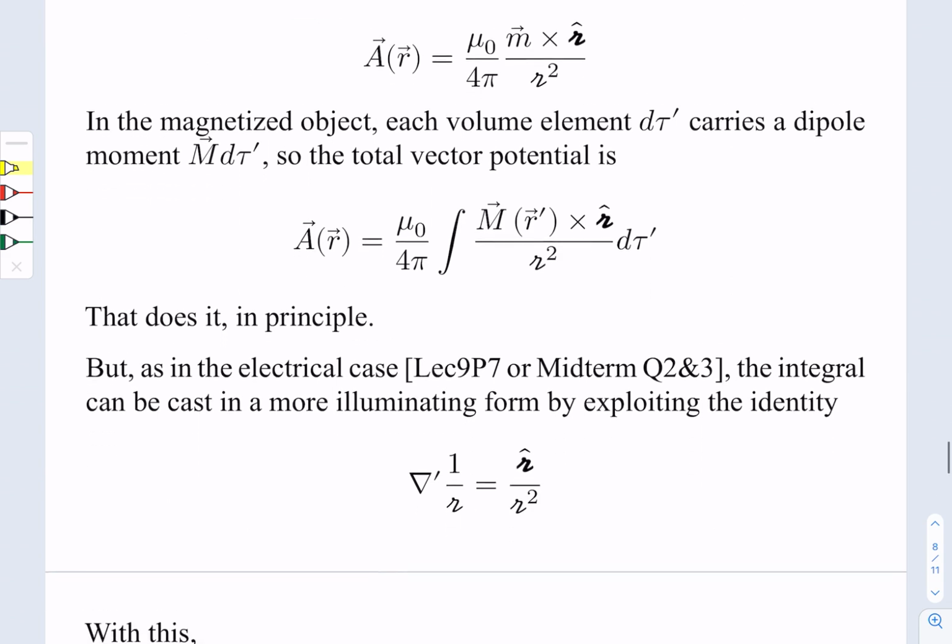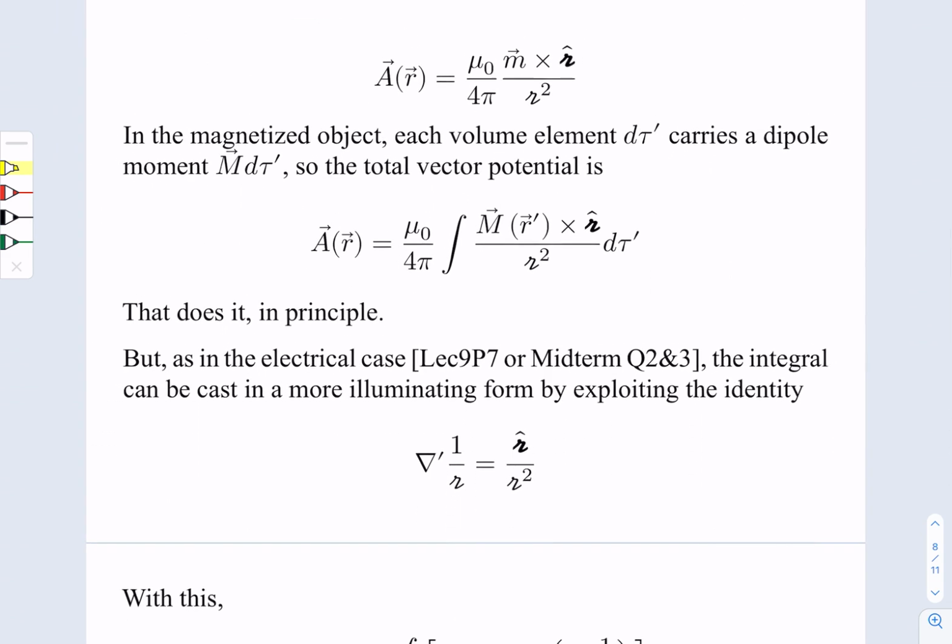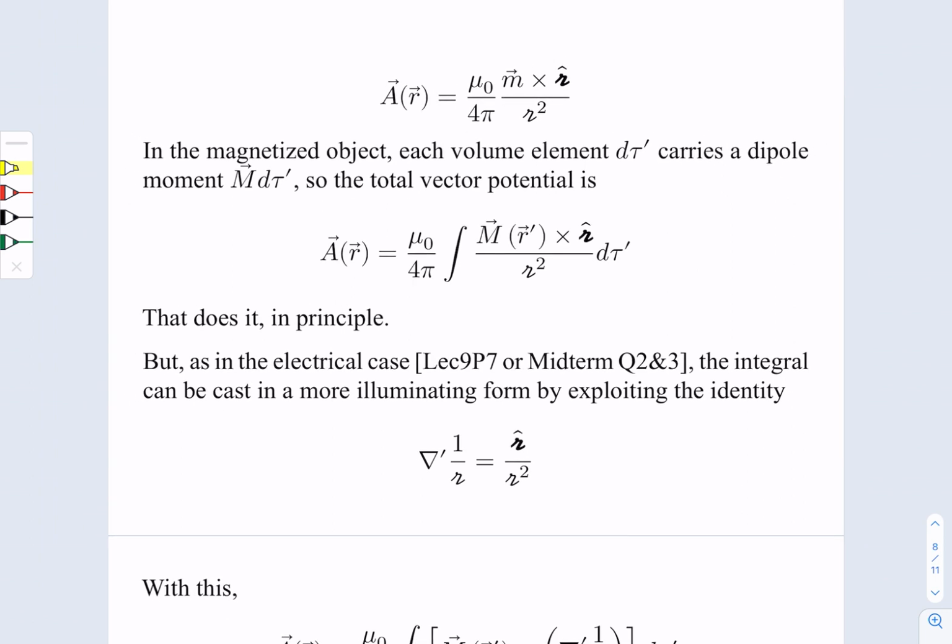To simplify the expression here, we can identify the separation vector hat over separation vector squared. This term is simply the electric field expression for a point charge, right?